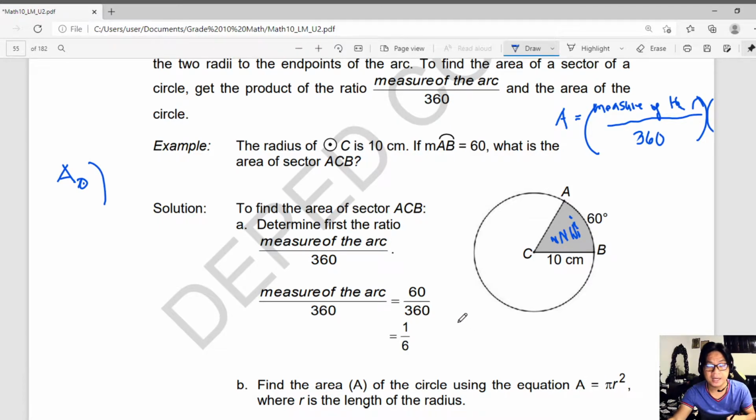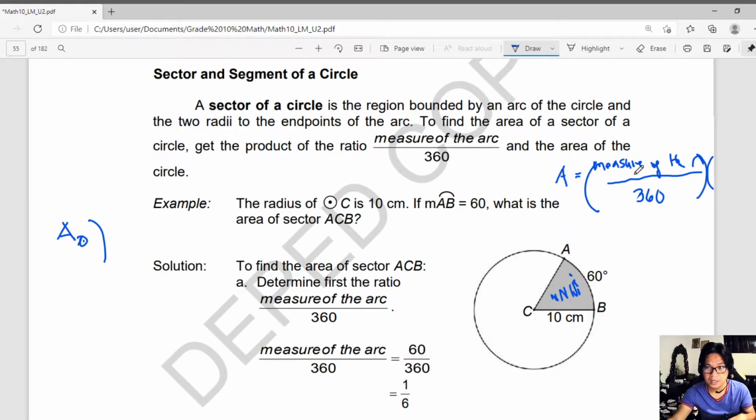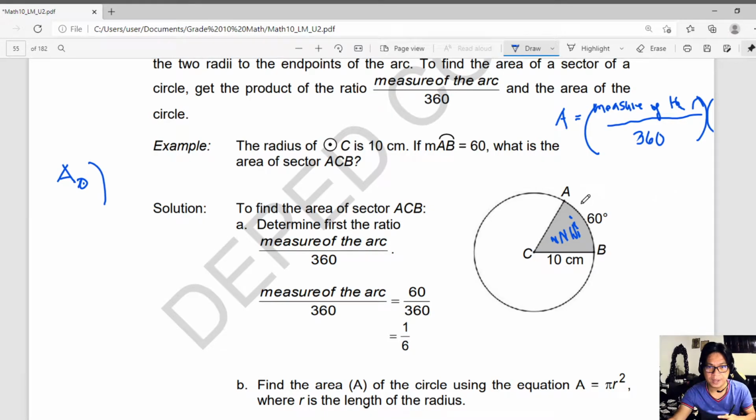So yung solution dito, there are two steps. Actually, pwede naman ninyo ipagsabay tulad ng ginawa ko dito. Yung area ng sector, the measure of the arc over 360 times the area of the circle, which is pi r squared.